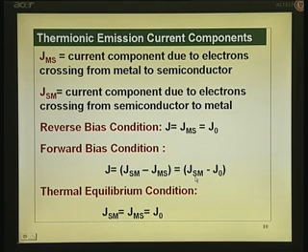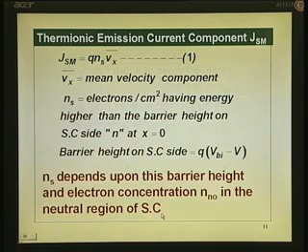Make V equal to 0 in the expression, what will I get? J naught. So, I do not have to compute J naught separately. Find out JSM as a function of forward bias voltage, find its value when V equals 0, that gives me J naught. So, JSM equals JMS equals J naught at thermal equilibrium. That is calculated there.